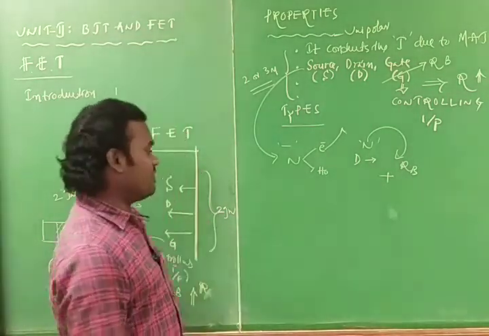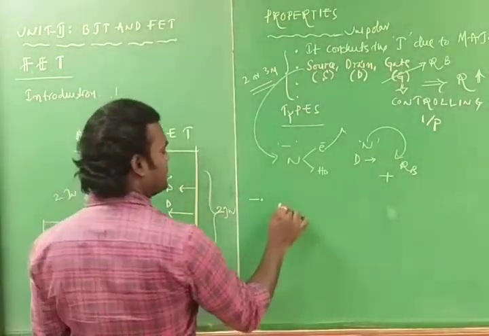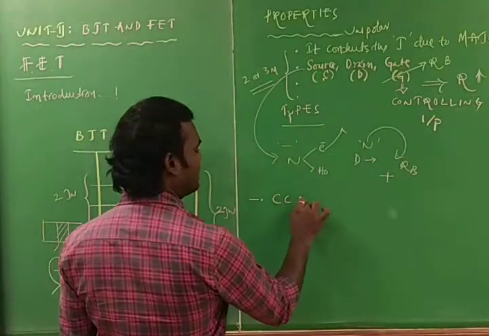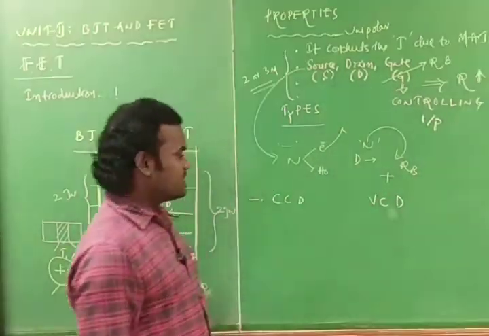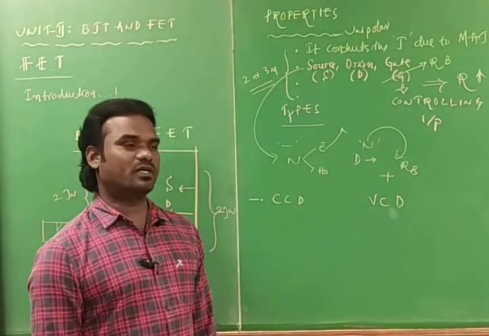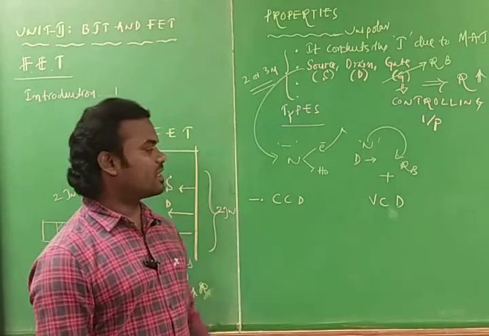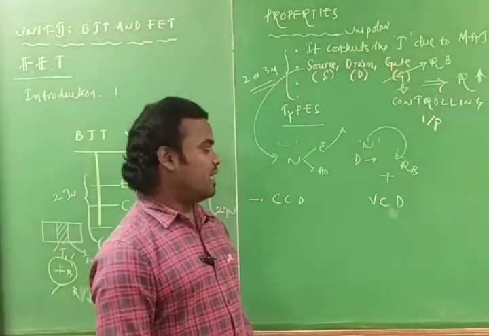A very important point in the comparison of BJT and FET is that BJT is a current controlled device, whereas FET is a voltage controlled device. In a BJT, the output current is controlled by the input current, whereas here the output current is controlled by the input voltage.